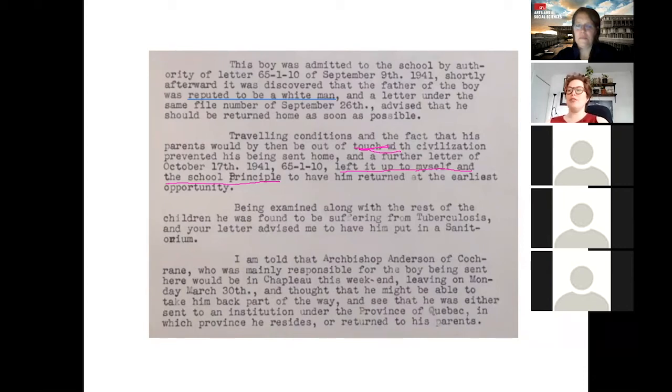The question of his father being a white man was also really relevant, because one of the questions in the Indian Act, which is a piece of legislation that regulated Indigenous people, was that they determined who was Indigenous based on the race of their father. So who your mother was wouldn't matter as much as who your father was in determining what services you got.